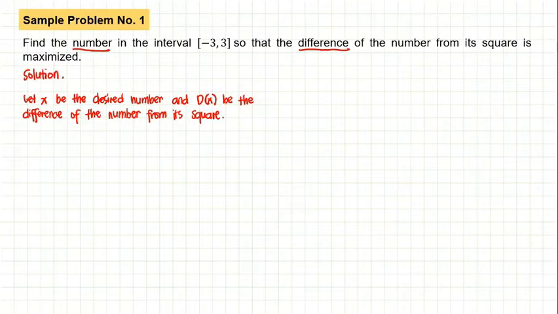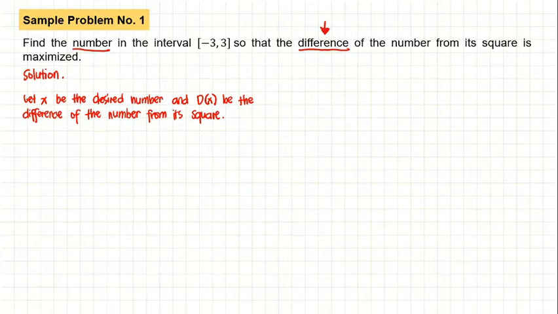The next, we will obtain now the appropriate function of one variable only. Again, as what I've said kanina, yung function ay yung objective function. And the objective function is the function that you are going to maximize or minimize. Now, in this case, since ang sabi sa problem, we need to maximize the difference. So therefore, yung objective function natin ngayon ay yung difference.